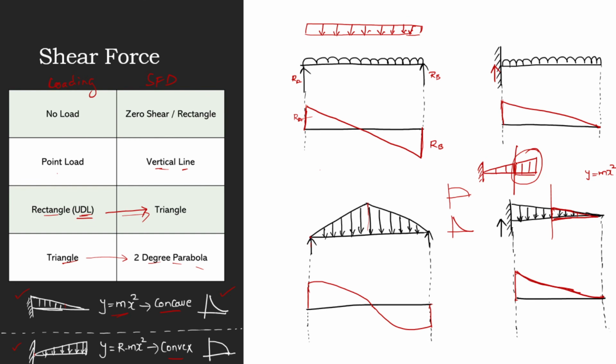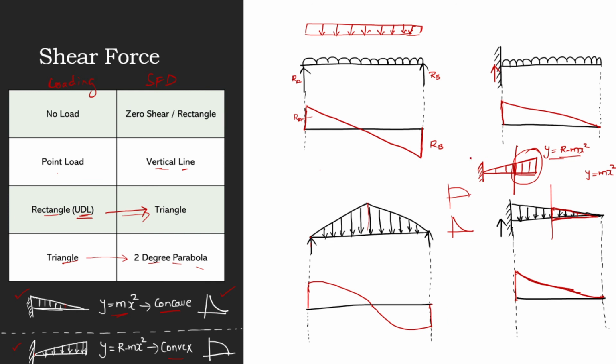So this equation will be y is equal to r minus mx square. This equation for this kind of loading condition will be y is equal to r minus mx square. So for this loading you will have a convex type of curve. Convex and concave, that is the difference.